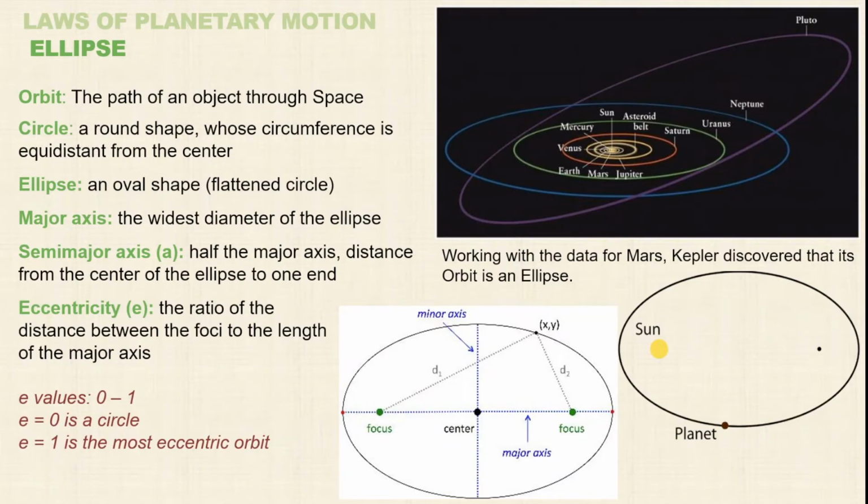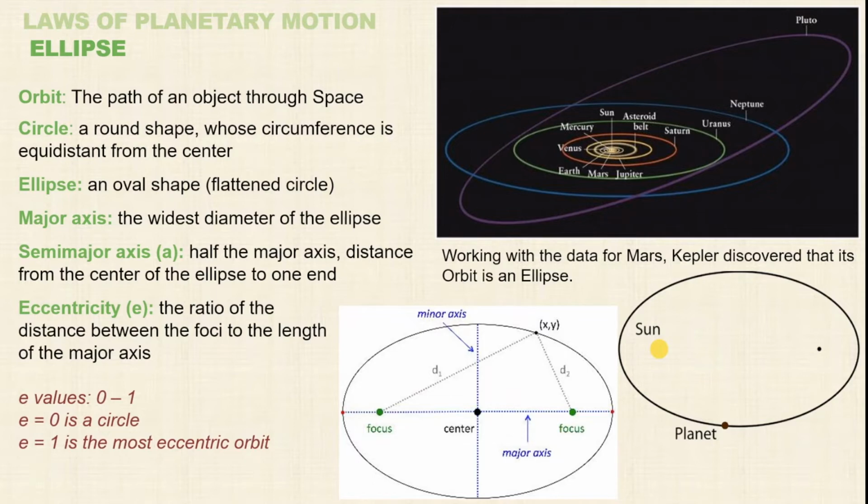And so there are some definitions that you have to know for the rest of the semester, because we'll be using these terms a lot. Some are simple. Let's just start with orbit. An orbit is the path of a planet or moon around its central body.